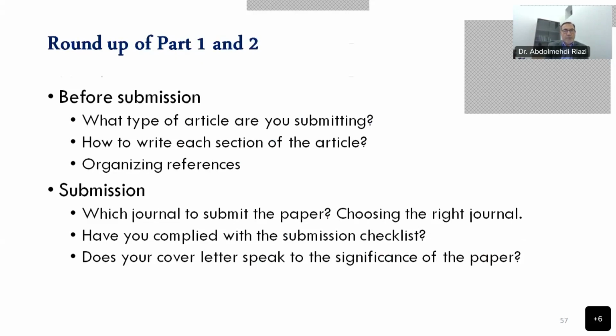This is one reason, and the other reason, as we mentioned within the 5 or 6 tips that were provided by Pat Thompson as well as Wiley, is what we expect from our submission, and therefore choosing the right journal to submit.